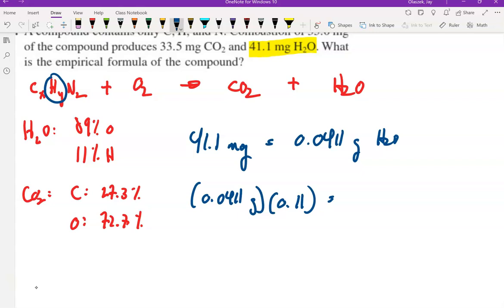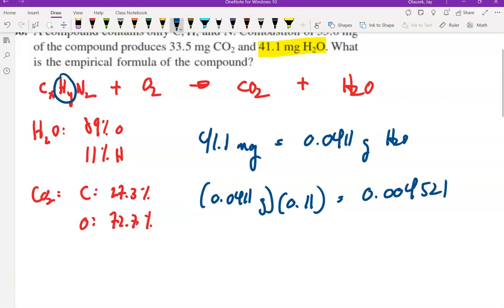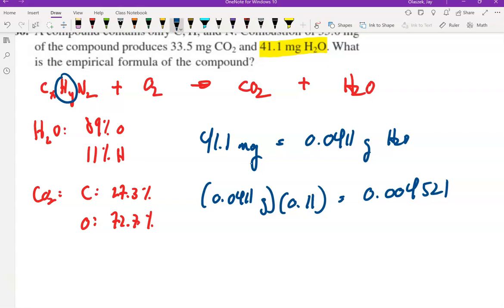So we're going to say 0.0411 times 0.11, and this tells us that the hydrogen that came from this compound was 0.004521 grams. So we know the mass of hydrogen in this compound.